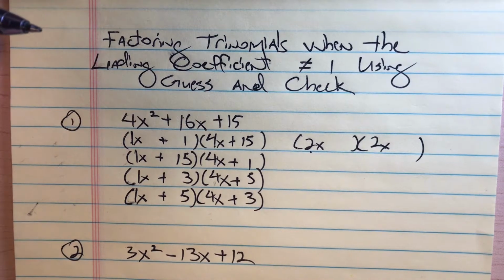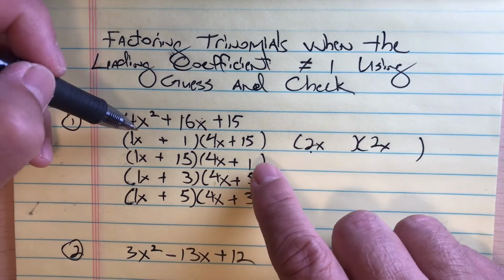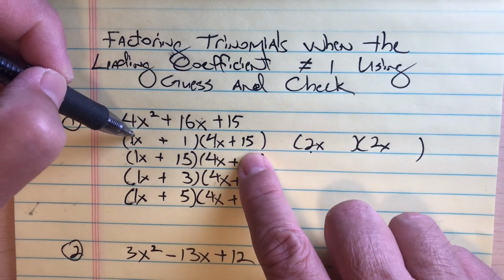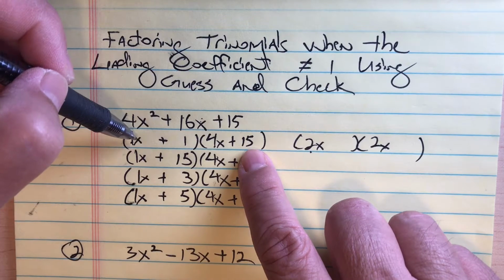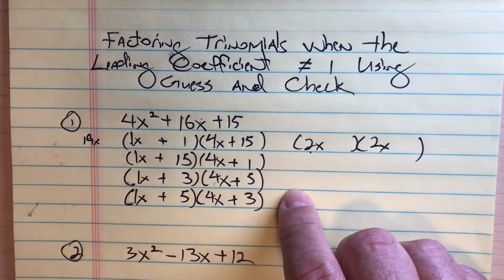So we only have to do the outer and the inner when we use FOIL, first, outer, inner, last. We just have to go outer, inner to see if we can get a 16. So let's go outside. 1x times 15 is 15x, and 4x, that would come out to 19x.